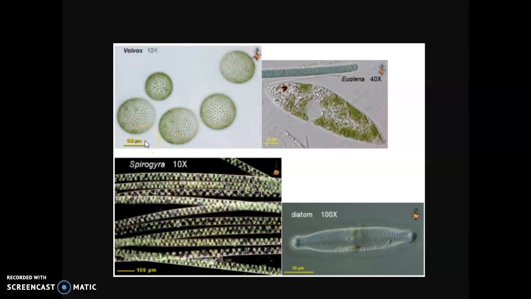Volvox kind of takes on almost a multicellular condition. They kind of bridge the gap really between a typical algae and a plant. So in terms of their sophistication or their complexity, they're more complex than something like Euglena or Spirogyra that we see here.